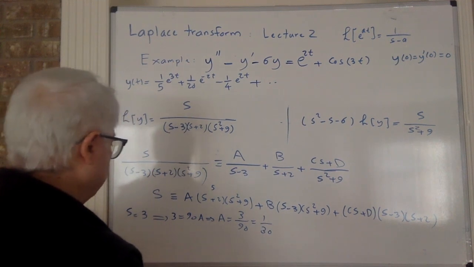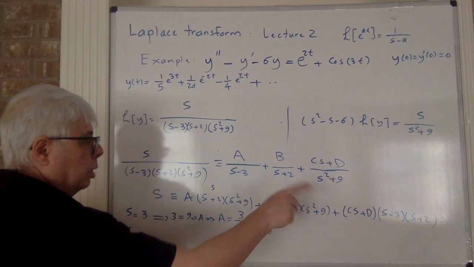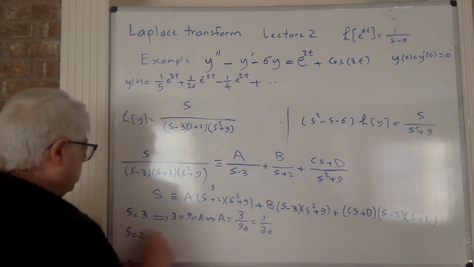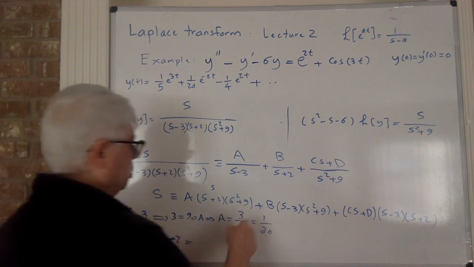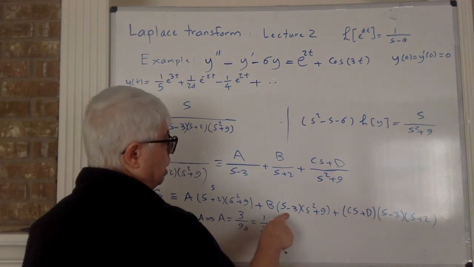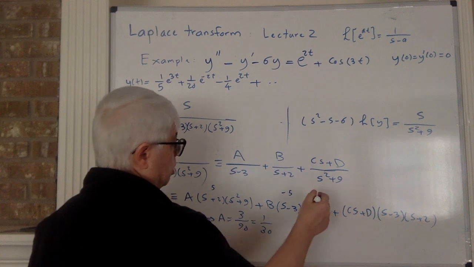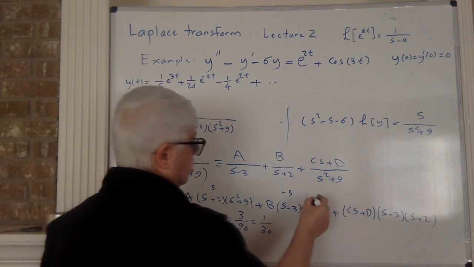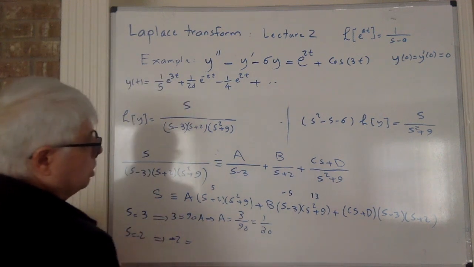Okay. Then s is minus 2, and that gives you minus 2 equals, this will be 0, so that is minus 2 minus 3 is minus 5, times 4 plus 9, 4 plus 9 is 13, so minus 5 times 13 is 65, right?